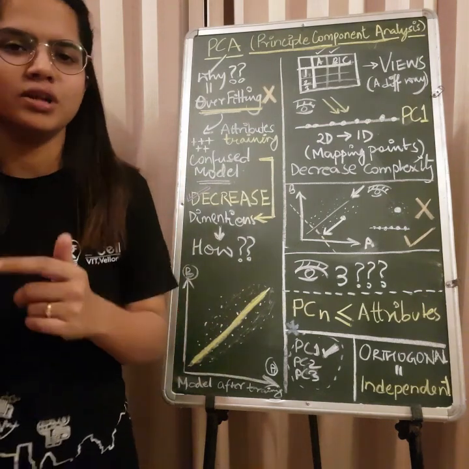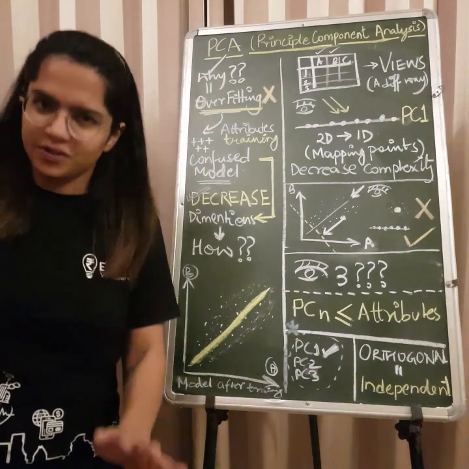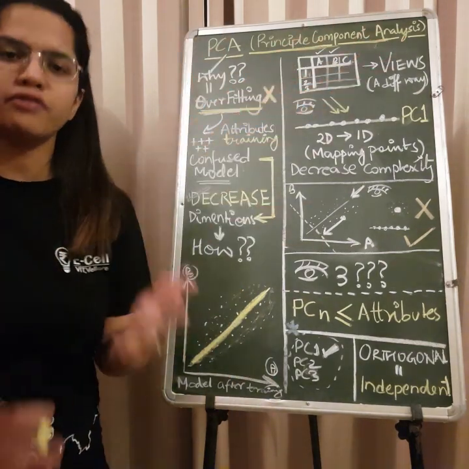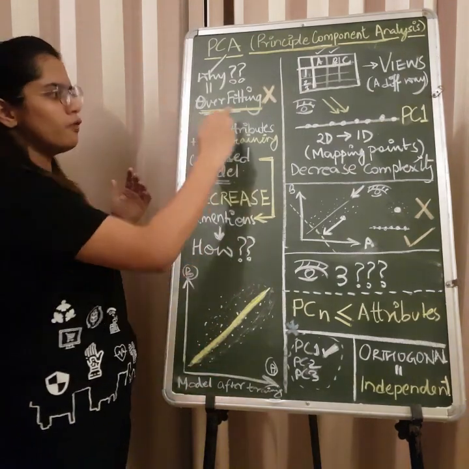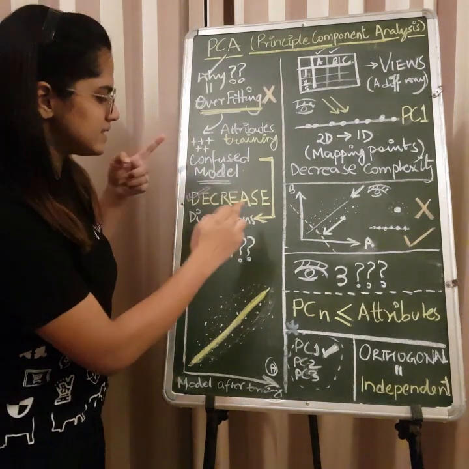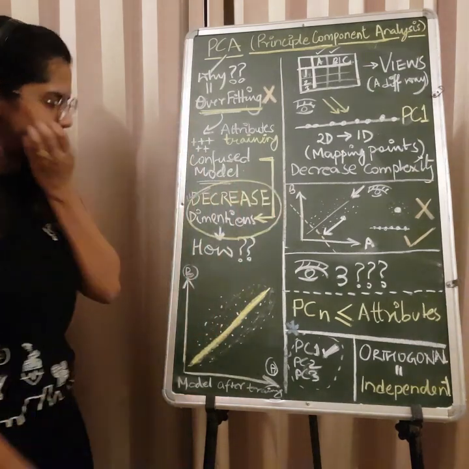How many dimensions should you let go of? By now, I think you understand that principal component analysis is a tool used to overcome the problem of overfitting. And how does it do that? It decreases the number of dimensions.